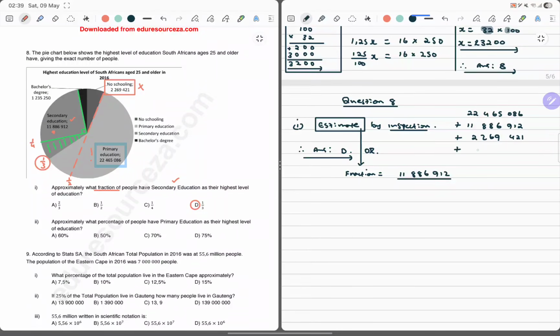Right? We add to that that small one, 1,235,250. So as I said, you need to be able to list numbers from their units to the hundreds of thousands, right? So we just add these things.